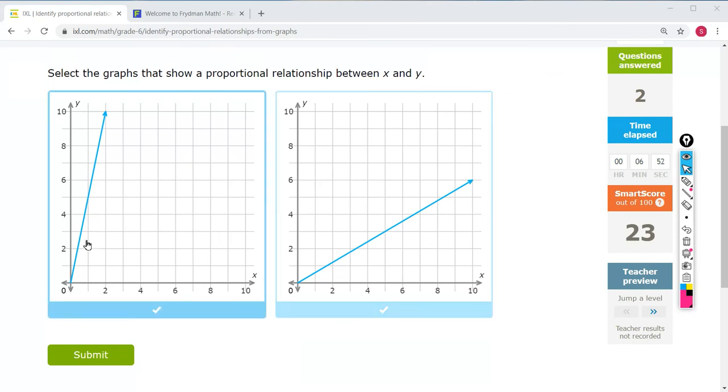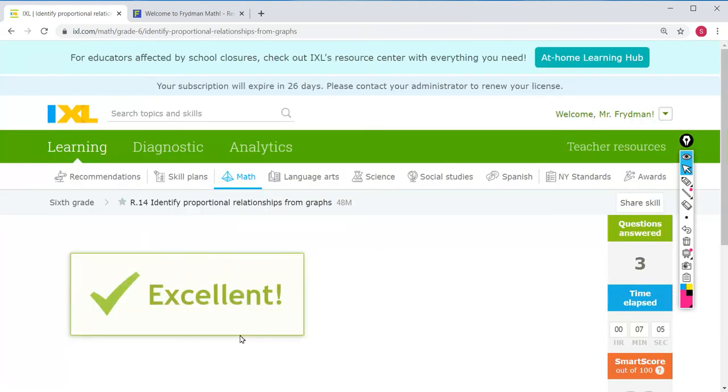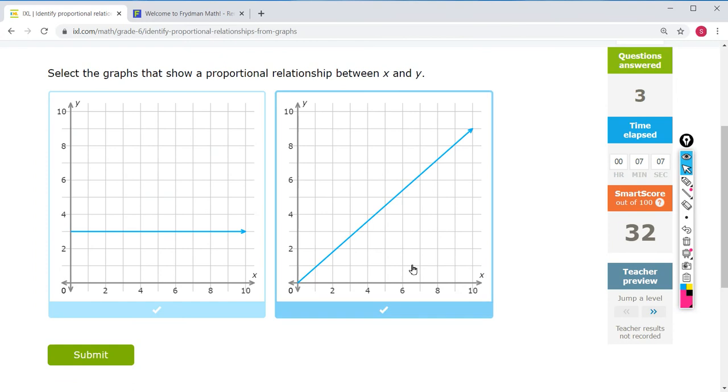Okay, so this one is a straight line going through the origin, so this one is proportional. This one is a straight line going through the origin, so this one is proportional. Okay, straight line going through the origin, proportional. Straight line not going through the origin, so not proportional for that one.